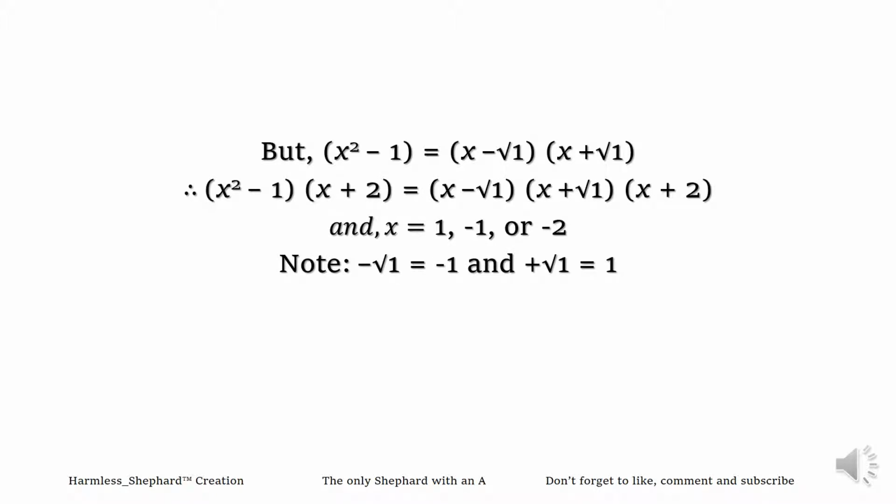You have to note that negative root 1 is equal to negative 1 and positive root 1 is equal to positive 1. So that's all for factorization by grouping.